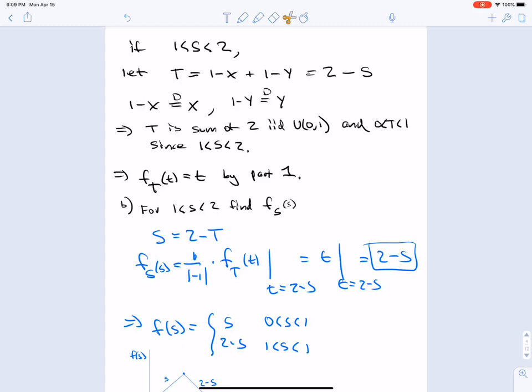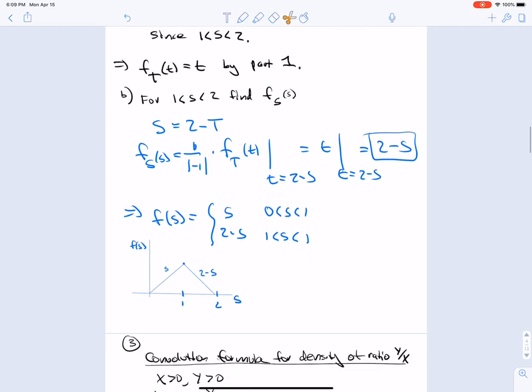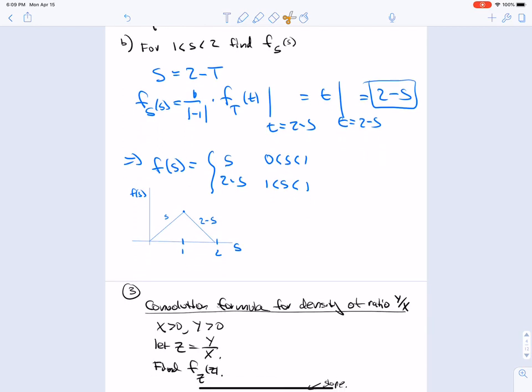Evaluate t at 2 minus s, and you get 2 minus s for the density of S. So that gives us the triangular density as shown in the picture here.